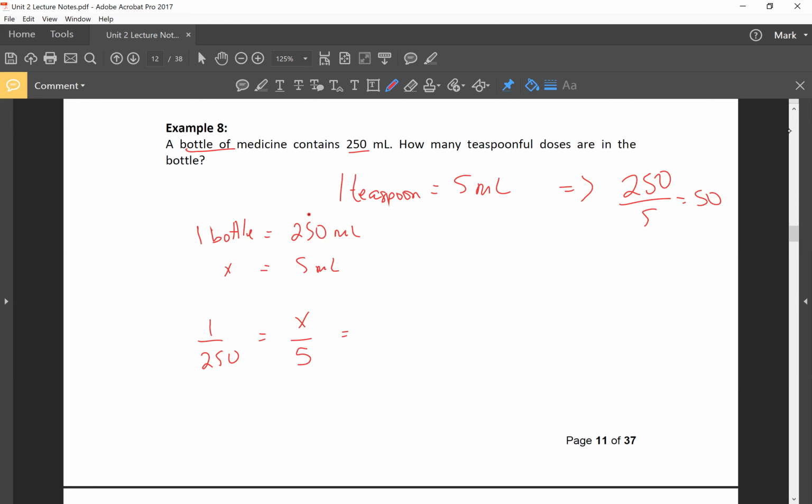So then I would get, I'm sorry, I might have that backwards. Hold on 1 second. I'm just used to doing it this way over here. X, 250. How many teaspoon doses are in a bottle? Sorry, just 1 second here. I don't know if I can use my rate.